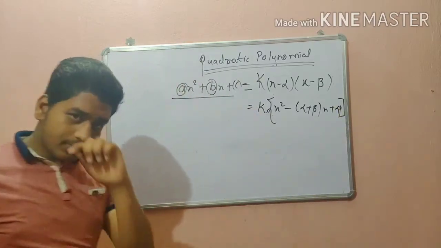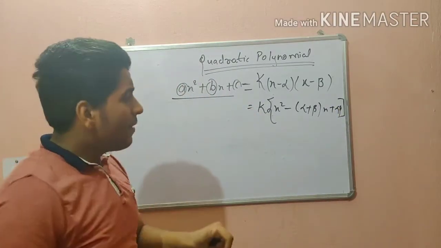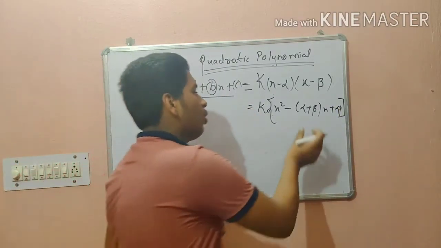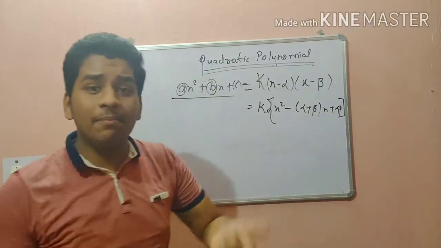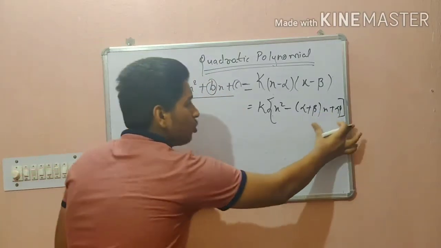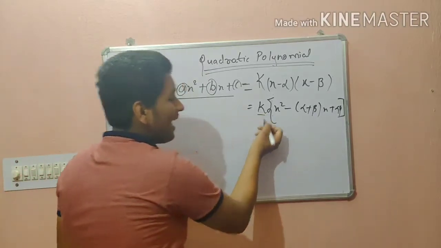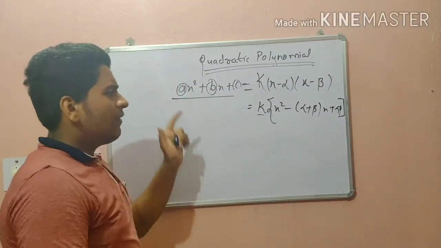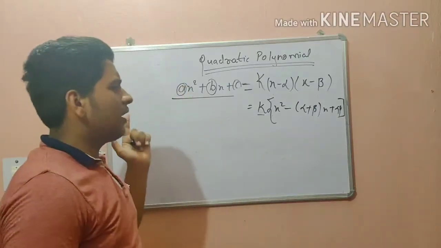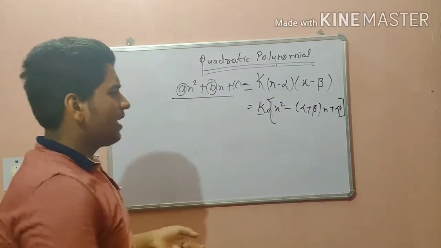Why are we taking k? Because sometimes the product and the sum of zeros may be in fractions. To make the whole polynomial in standard form, we take a constant k, which can be any value. If there is no fraction, we put k as 1 and get the same polynomial back.